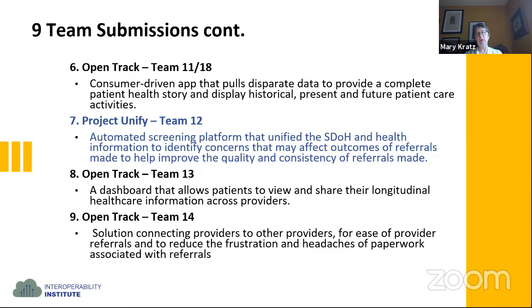The 7th submission was again around Project Unify, looking at automating a screening platform for SDOH and health information. And then the last 2 again were OpenTrack, looking at longitudinal healthcare information provider to provider, and the final submission, connecting providers to other providers.